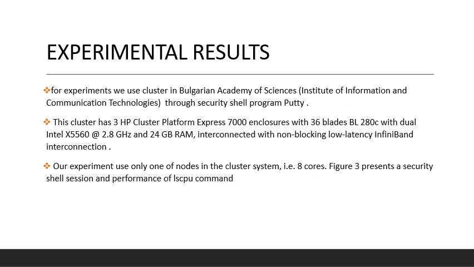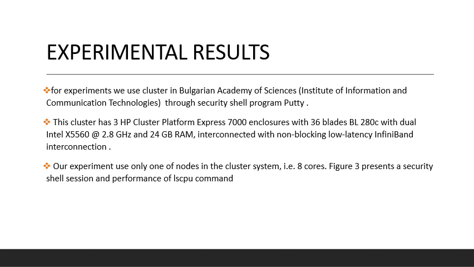Let us go to the experimental result. For the experiment we use clusters in the Bulgarian Academy of Sciences Institute of Information and Communication Technologies through the Secure Shell program PuTTY.